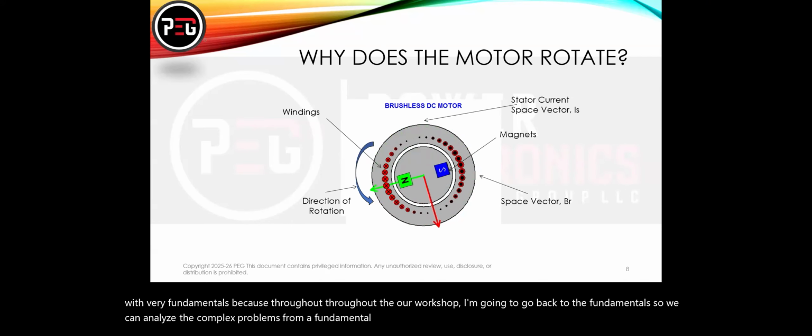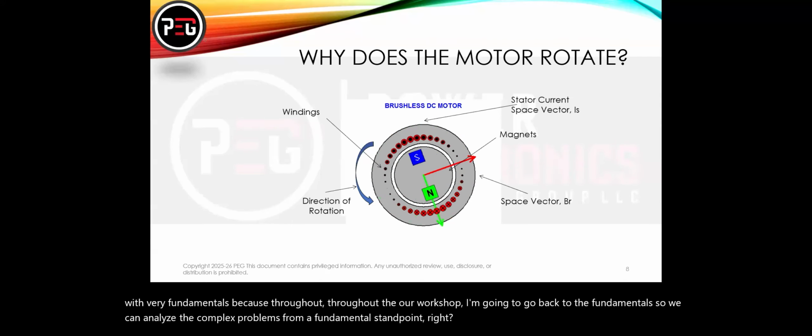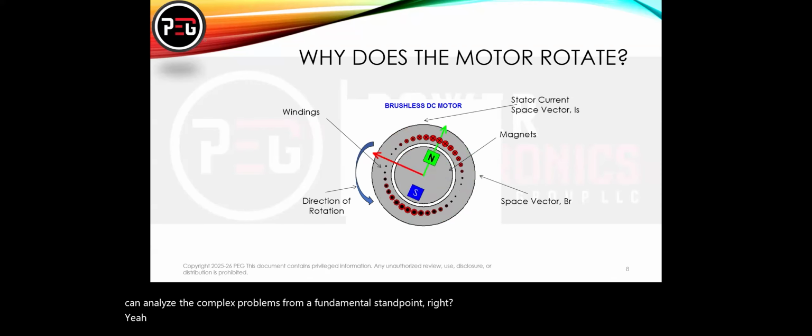so we can analyze complex problems from a fundamental standpoint, right? Yeah, this is based on the principle that if a current carrying conductor is kept in a magnetic field, it experiences a force. Going back to a DC motor, we can very easily see this.